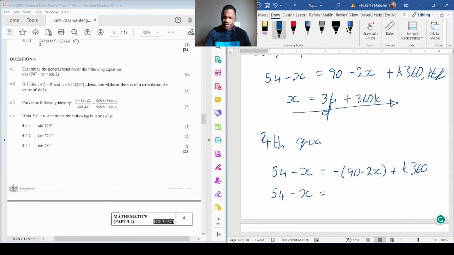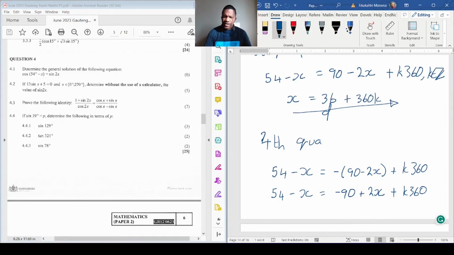This allows us to say minus 90, and a minus gives us a positive 2x plus 360k. If you had not put these brackets, this 2x would have remained negative, which would have made your answer wrong.